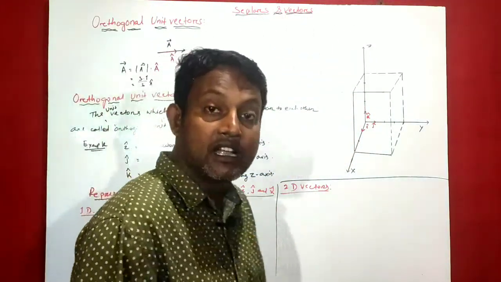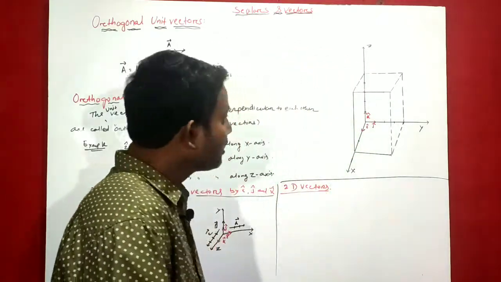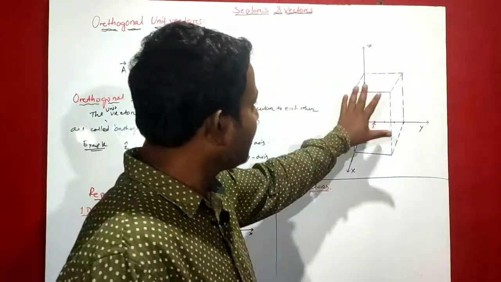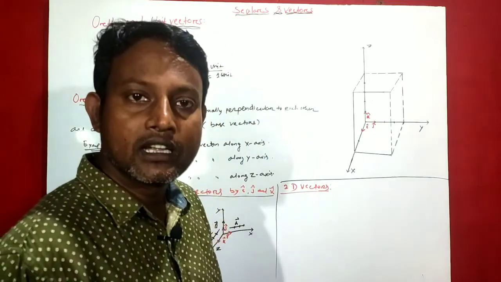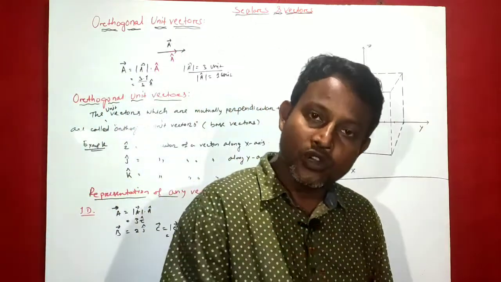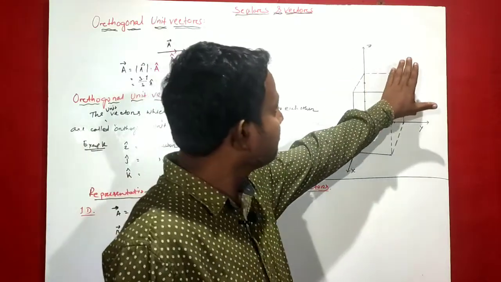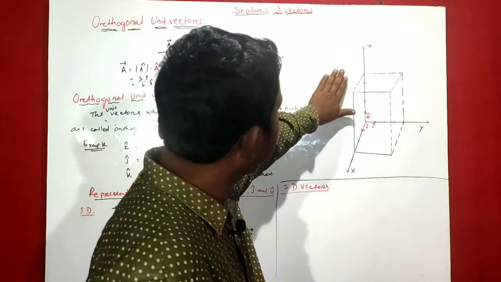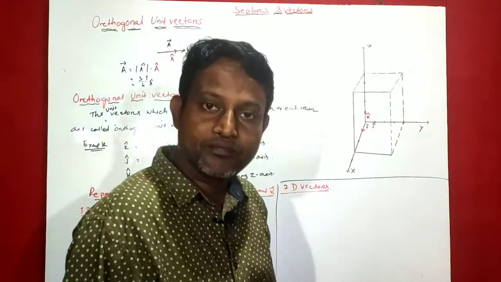The vectors which lie in a plane along any coordinate plane or parallel to the coordinate plane. That means these vectors lie on a plane. These planes may be the xy plane, zy plane, and zx plane, or parallel to these planes.